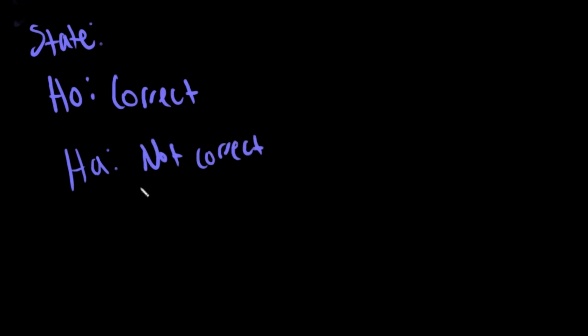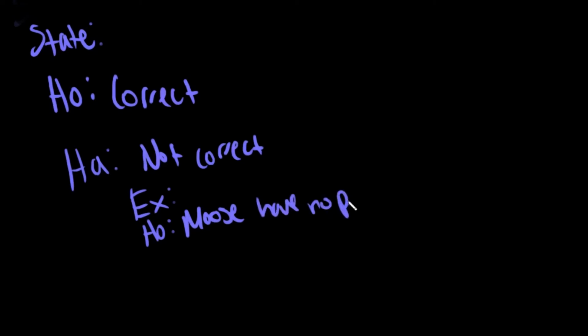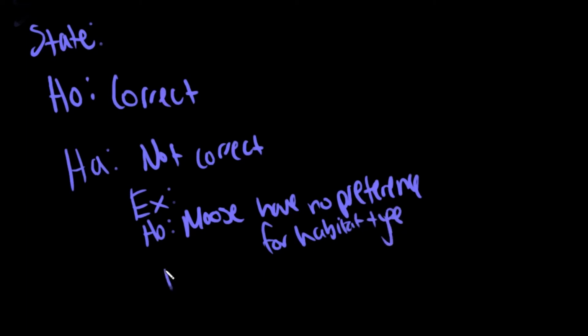And what that would look like, if we have an example, would be: our null hypothesis would be moose have no preference for habitat type. And our alternative hypothesis would be that moose do have a preference for habitat type.